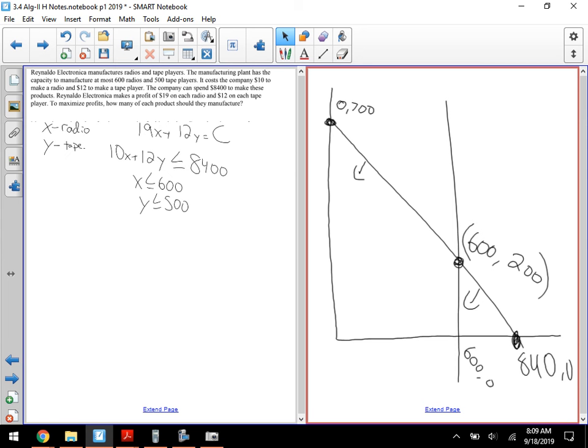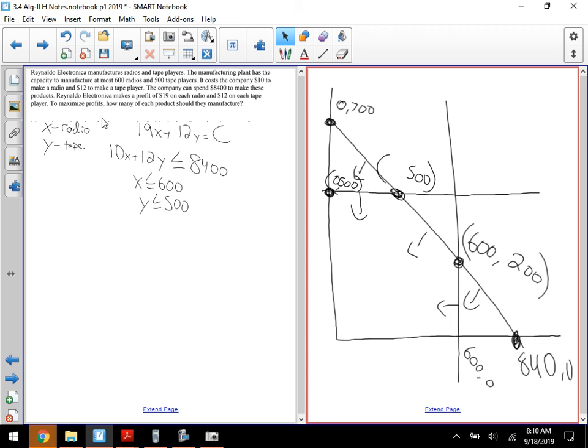I do the exact same thing now with my y value. Y value remains constant at 500. It runs in here, it's moving down. So let's see, what's 5 times 12? 60, add a couple of zeros, we have 6,000.